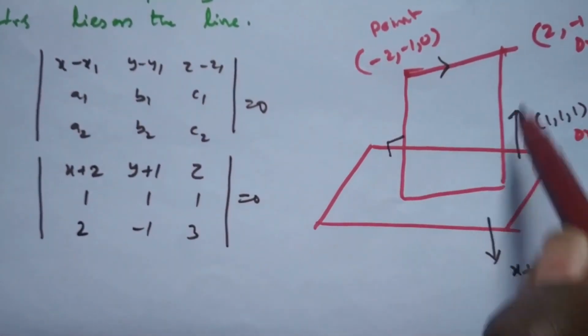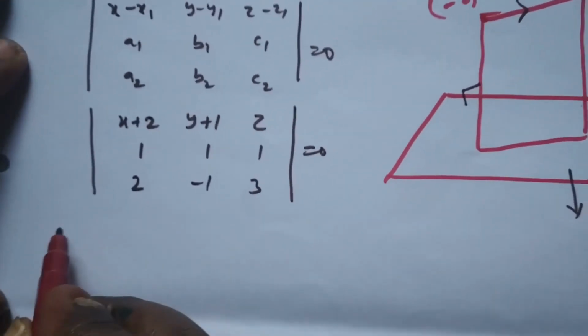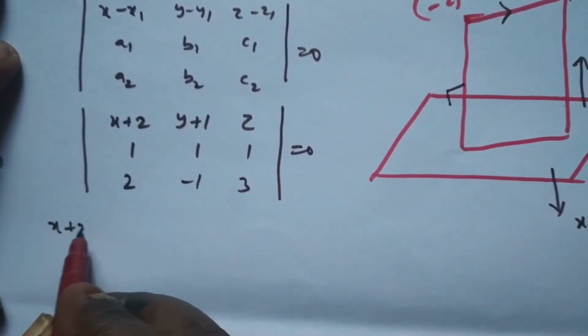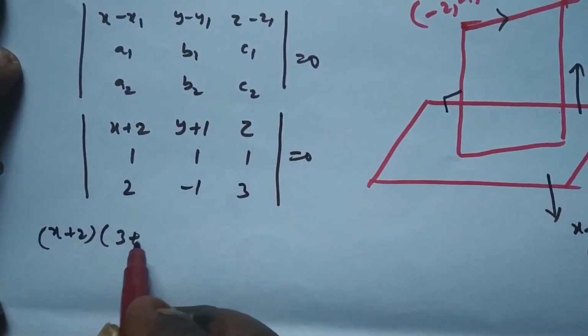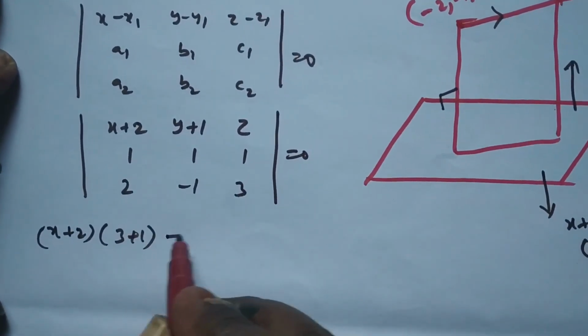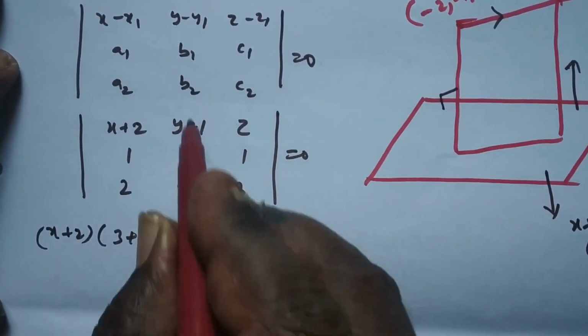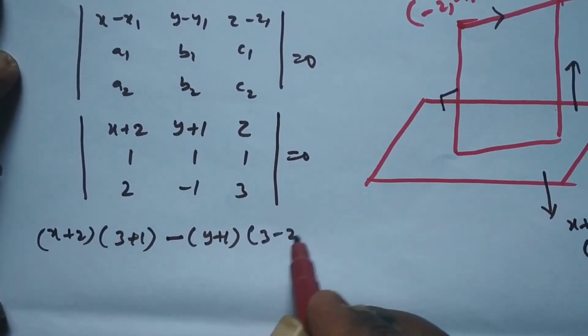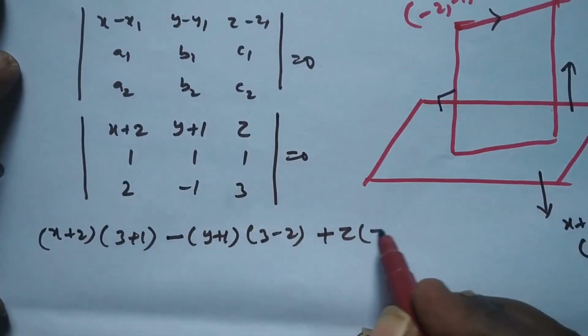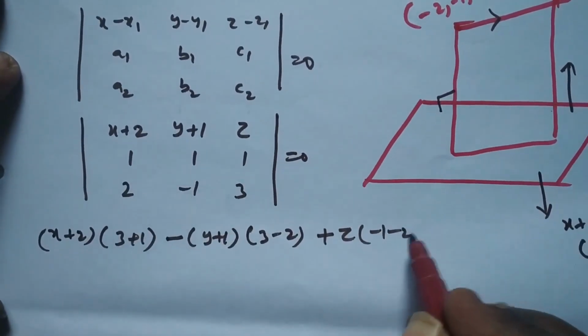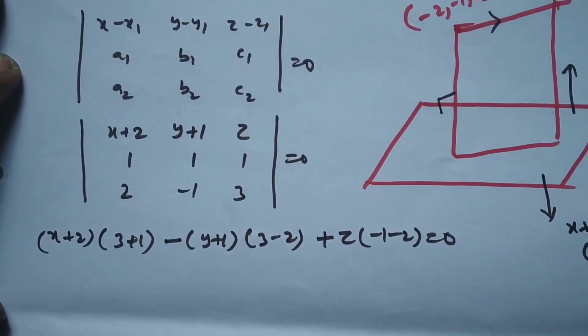This is the plane. So by expanding this determinant, we get x plus 2 into 3 plus 1, minus of y plus 1 into 3 minus 2, plus z into minus 1 minus 2, that is equal to 0.